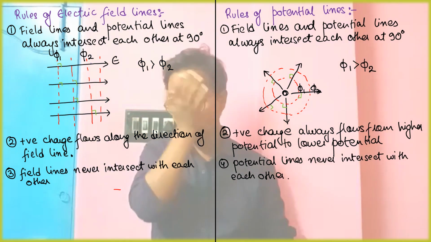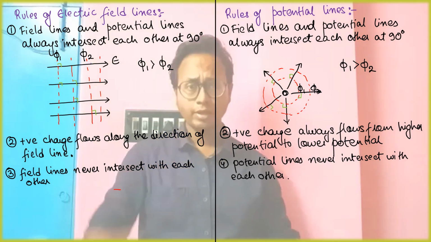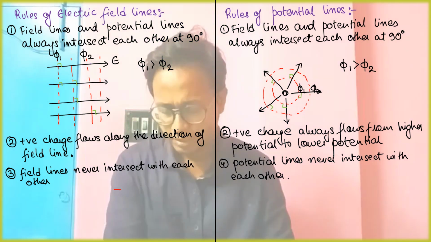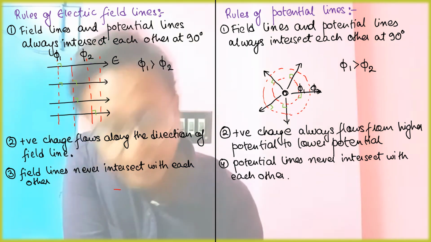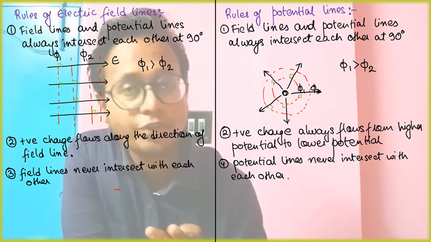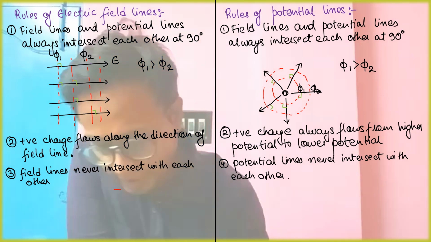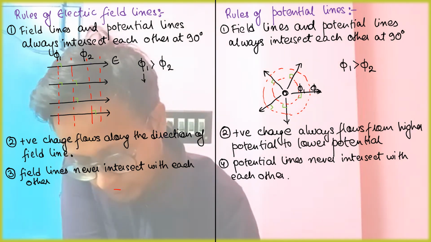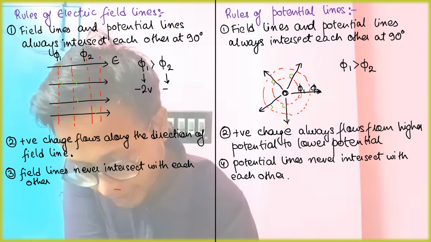And one more doubt I have. What about negative potential lines? I always said a positive charge would always move from higher potential to lower potential. So suppose I have two potentials, and potential in electrostatics is given in volts. Suppose phi 1 is equal to minus 2 volt, phi 2 is equal to minus 5 volt.